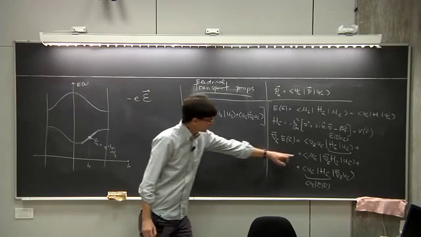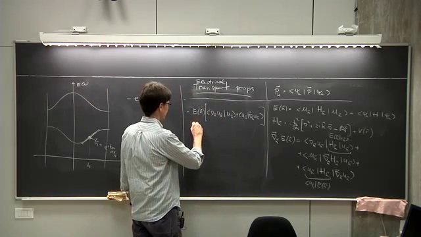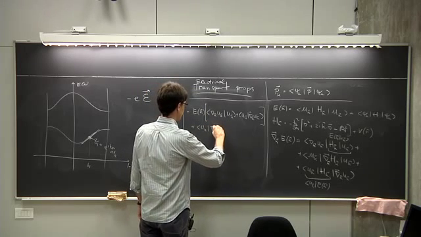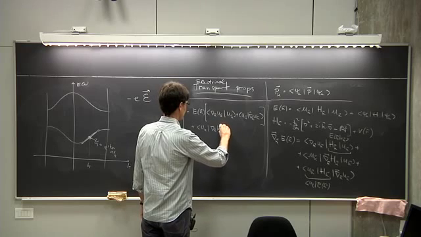And then I'm left with the second term, plus u of k, gradient of k of h of k.